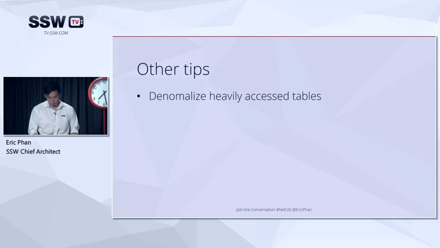So that can sometimes cause a performance impact as well. So sometimes you have to denormalize your tables to get the performance improvement. So move all the data into columns in your main table. Or another way of doing it is to create indexed views of that data.